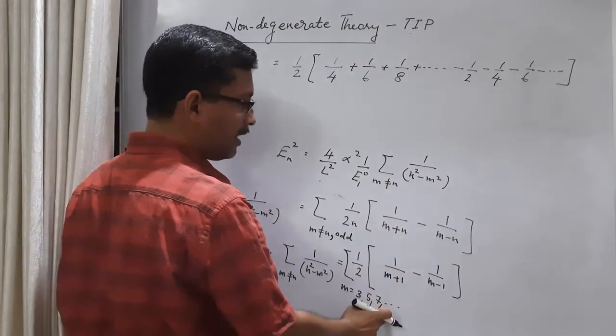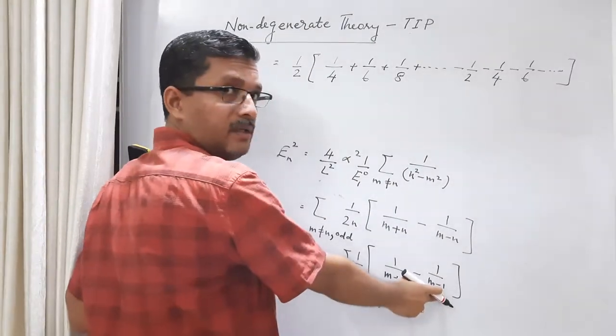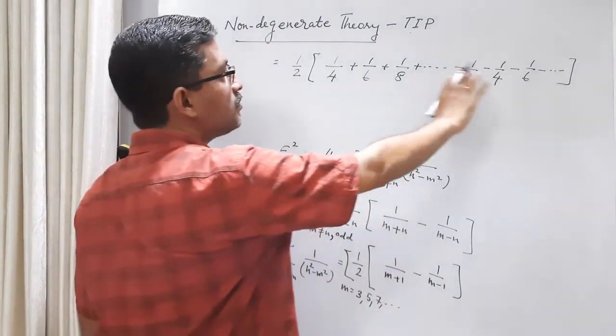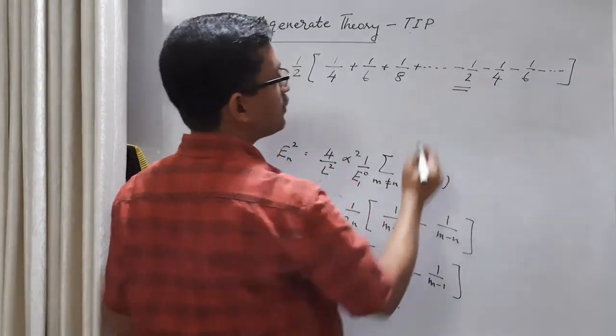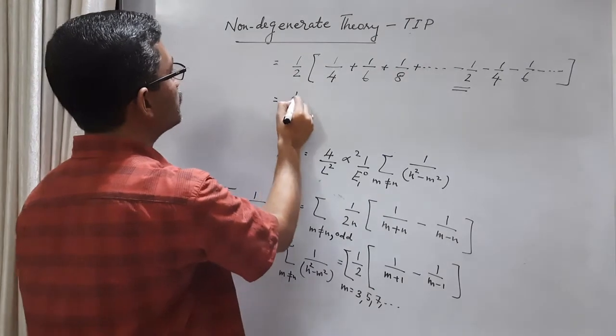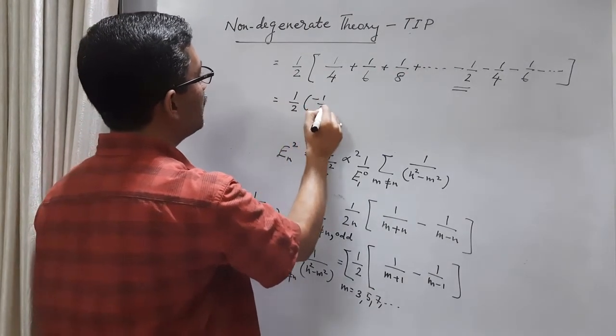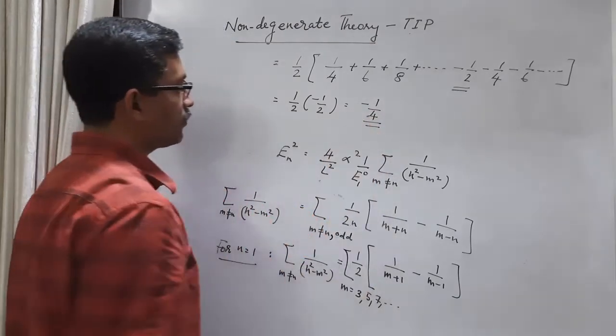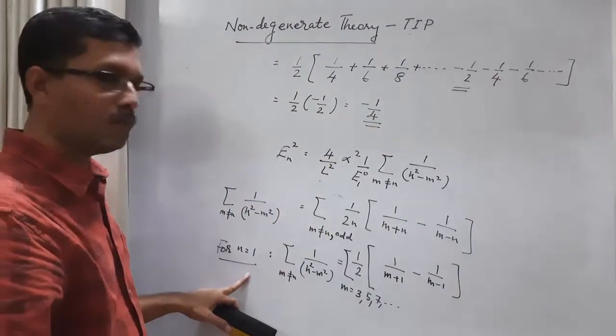Next term will be 9, so 9 minus 1 will be 8, so there will be a minus 1 by 8 here, there is a plus 1 by 8. So these terms will cancel except for this term. So what you get is 1 by 2 into minus 1 by 2, which is equal to minus 1 by 4, for n equal to 1.